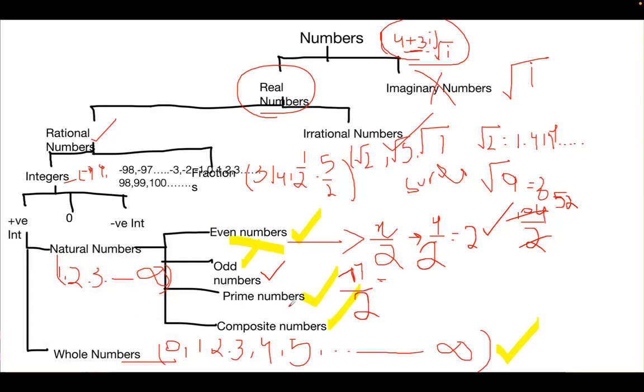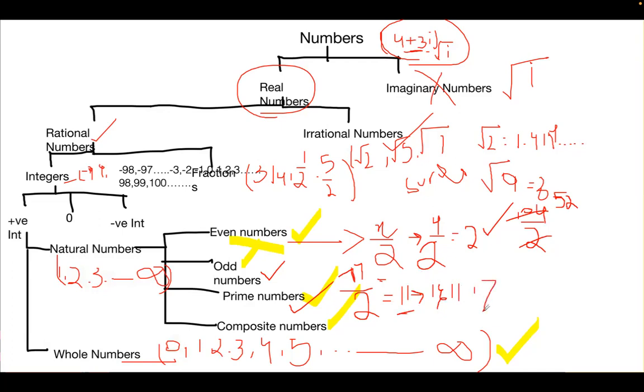Let us see what a prime number is. A prime number is a number which has factors 1 and itself. Let us take the number 11. This number is divisible by 1 and 11. So this 11 is a prime number.